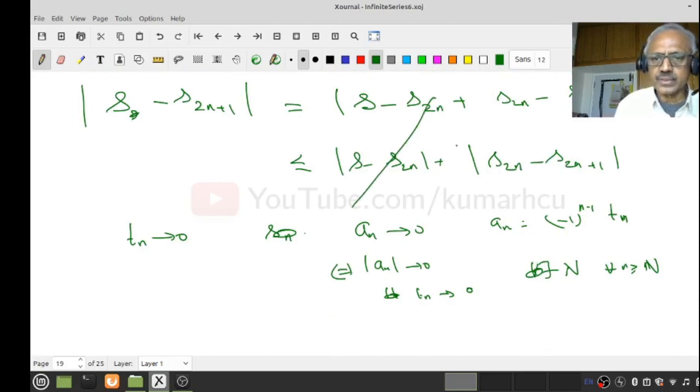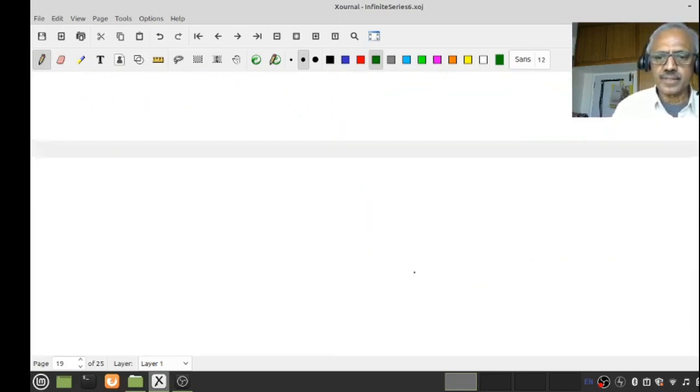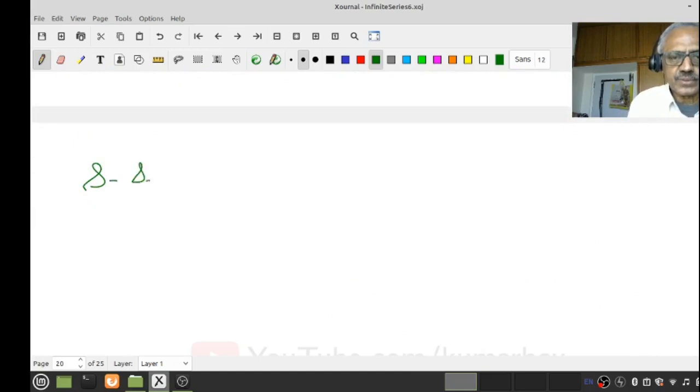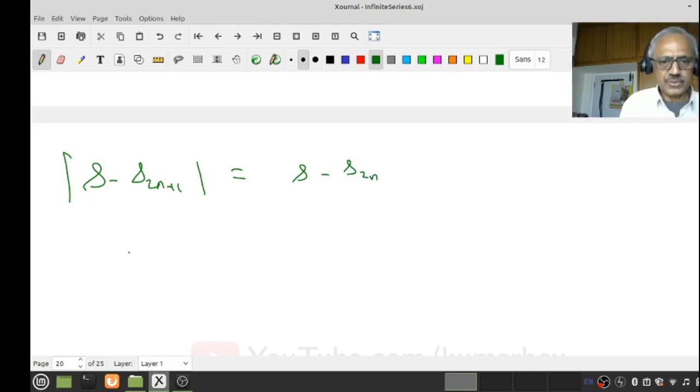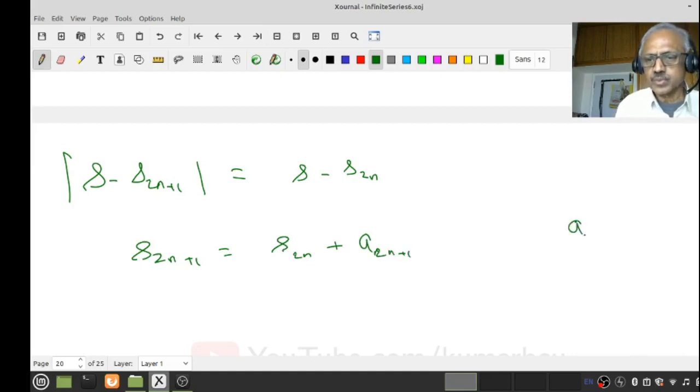Let me write it: S minus S2n plus 1 is S minus S2n, and what is S2n plus 1? Remember, S2n plus 1 will be S2n plus the last term, a2n plus 1. And a2n plus 1 is minus 1 to the power 2n into Tn, which is T2n plus 1.